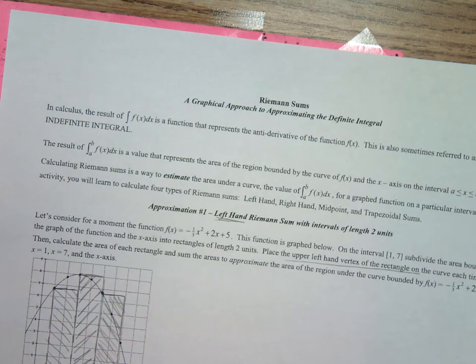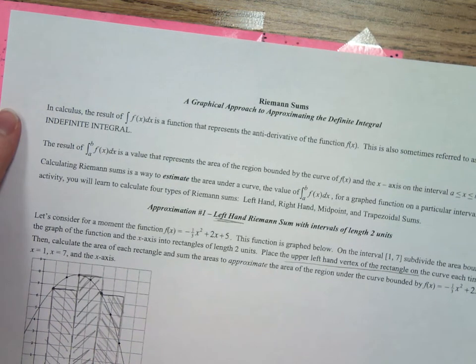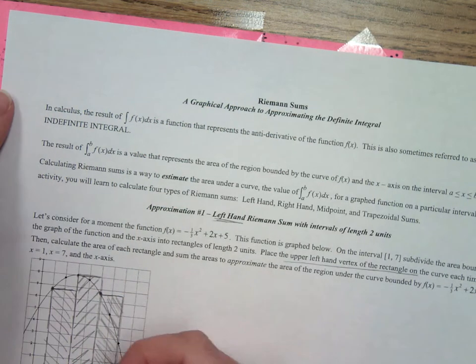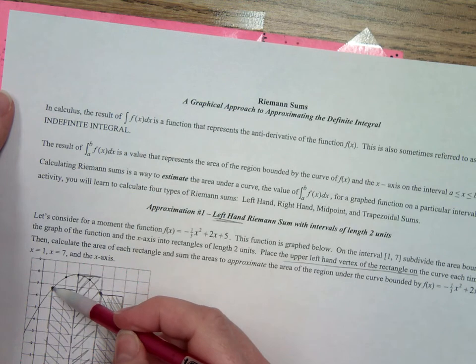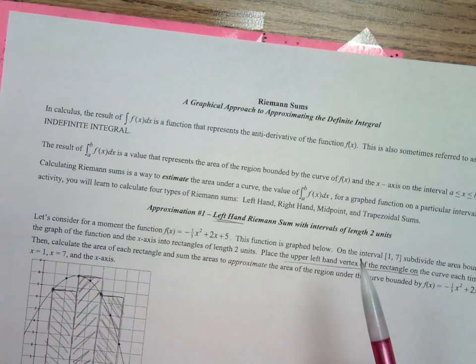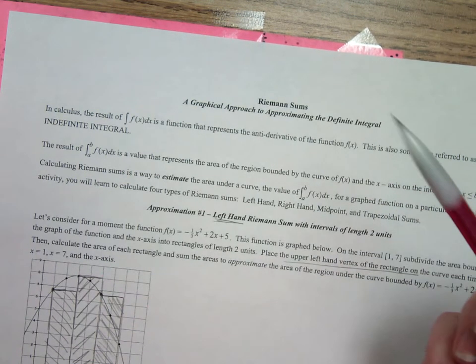Alright, now, how do you find the area of a rectangle? Length times width, right? That's pretty easy. So we know the length of each of these. What's the length? 2 of each of these. How about the width, or the base times height? We know the base is 2. How about the height? Well, how can we find it?